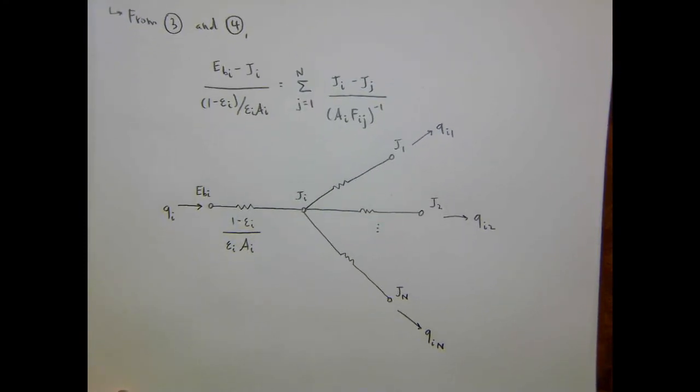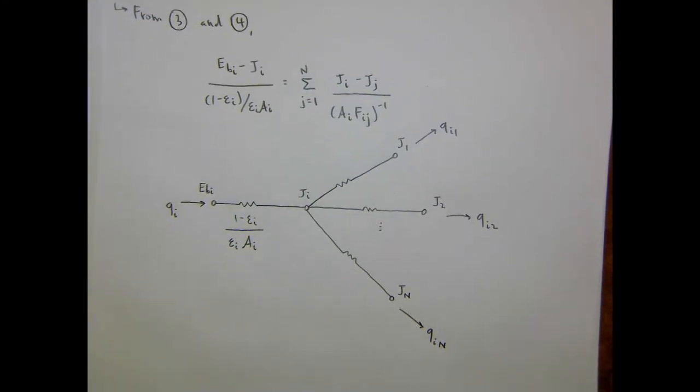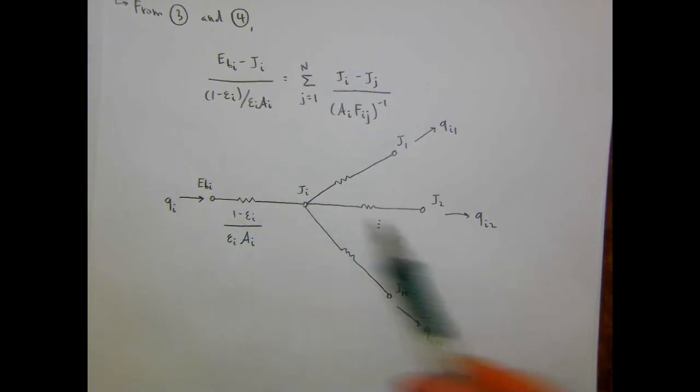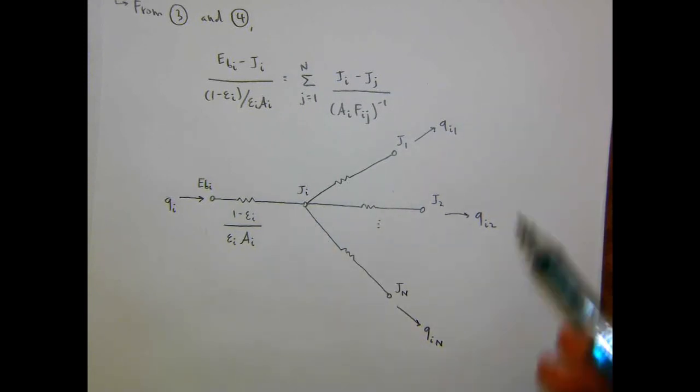And so that kind of makes sense with how parallel circuits work, right? So you have the total current, the total heat transfer rate flowing in from the left, and then it's equal to the sum of these different heat transfer rates between all of the different surfaces.